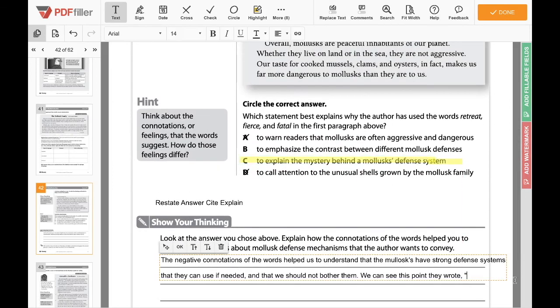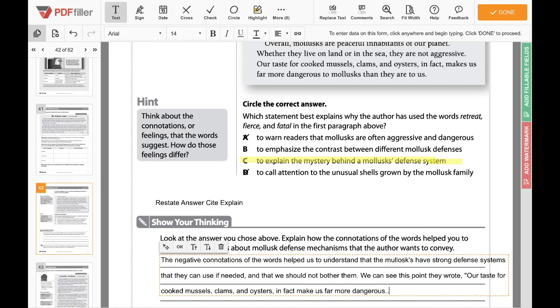So we would say we can see this when they wrote, our taste for cooked mussels, clams, and oysters, in fact, makes us far more dangerous.